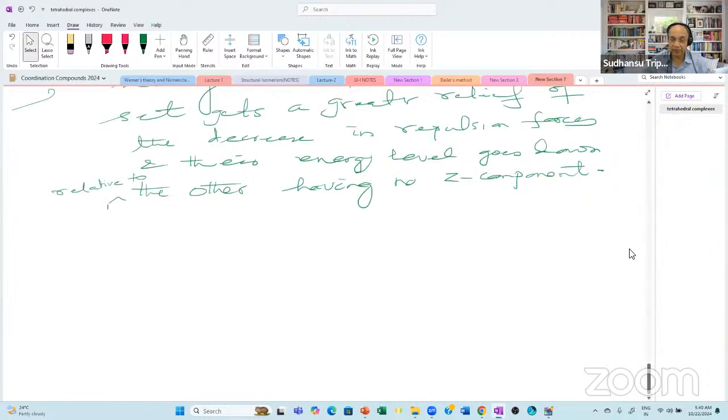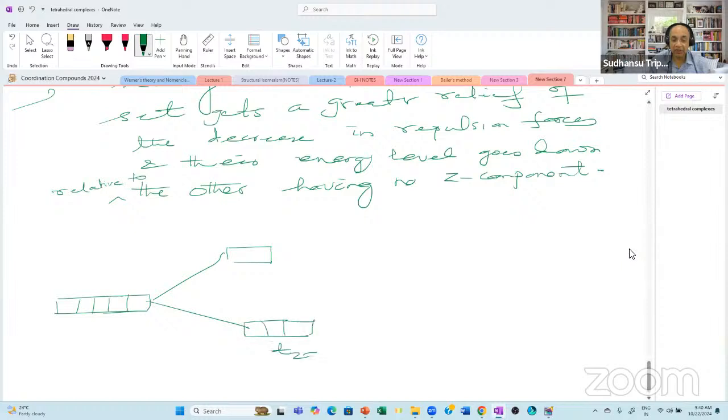Now see, I'll first show from the barycenter the normal octahedral splitting. T2G coming here, EG coming here. This is octahedral. Then further splitting. Which will go up? Which will go down? Who can tell me?